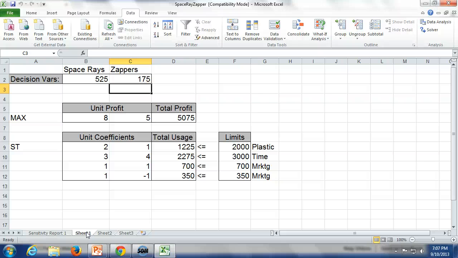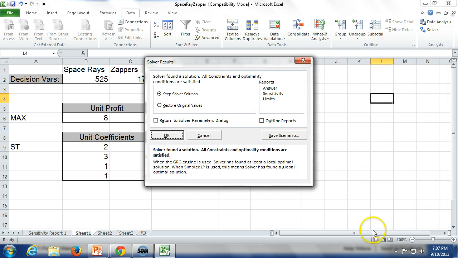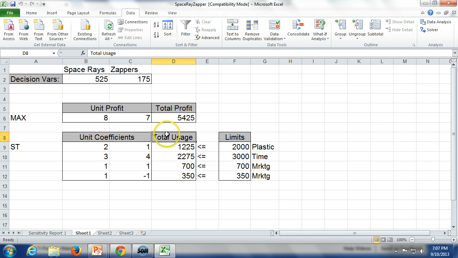Let's see. If I go up to and change this to 7, and I just resolve, nothing changed. Okay? Well, the profit changed, but my solution didn't change. You guys notice that? If I go down, well, let's take it back to where it was, 5.